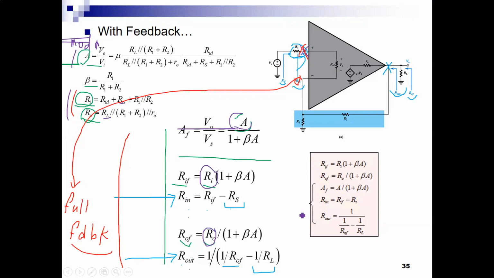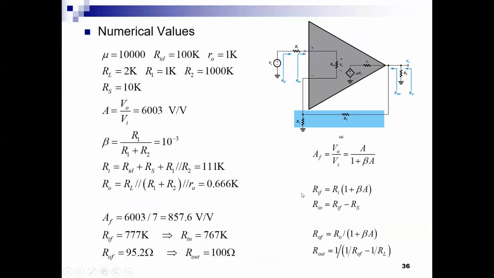The slides that come after this have numerical values, so you can practice them. I'm going to walk you through them again for the sake of the steps. The given mu of the amplifier, what RID is, which is given here, and then what RL is, the feedback block gave it, and it gave RS for the source.